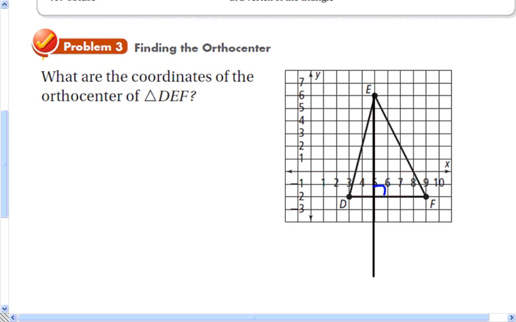Okay, to find the other ones, we need to know the slopes of the lines. If we want to do the line through F that's perpendicular to ED, we need to know the slope of ED. I'm going to put a point there, and we'll see that the slope is 4 over 1, or 4, the slope of ED.